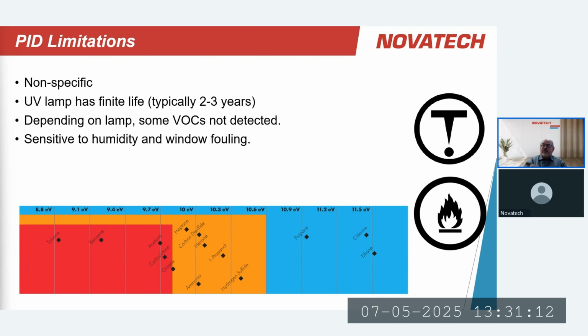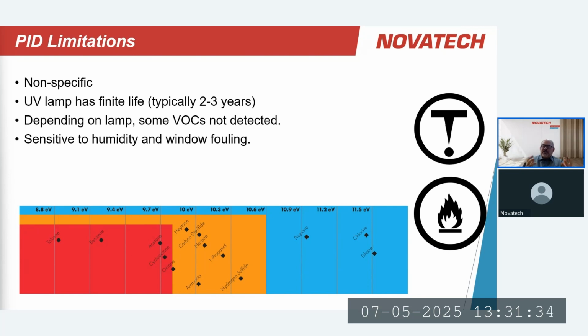If you need to specifically know how much heptane is present, and there may be other VOCs present in the atmosphere, this isn't going to give you that result. It'll give you a result which is a function of all of the VOCs that are present. UV lamps have a finite life. They do tend to degrade over time.